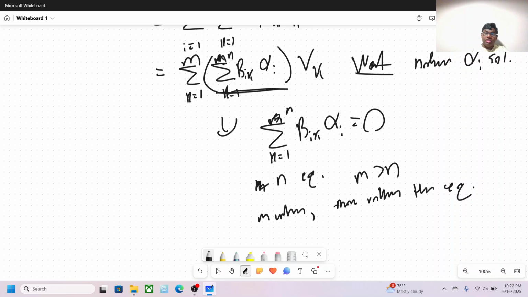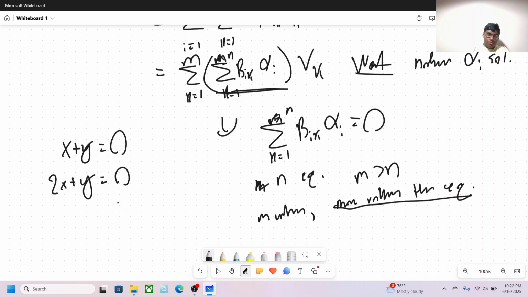The theory of matrices, or more generally just math in general, tells us that when we have more unknowns than equations, we're always going to have some kind of non-trivial solution when the coefficients on the right are 0. As an example, maybe take x plus y plus z equals 0, and 2x plus 5y plus 3z equals 0.